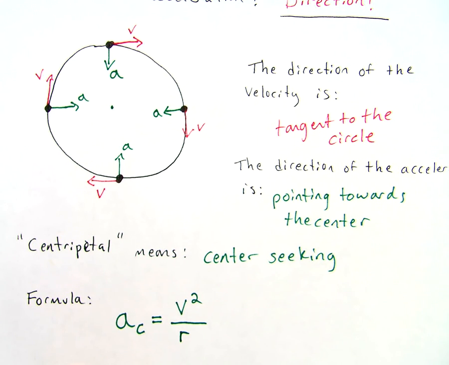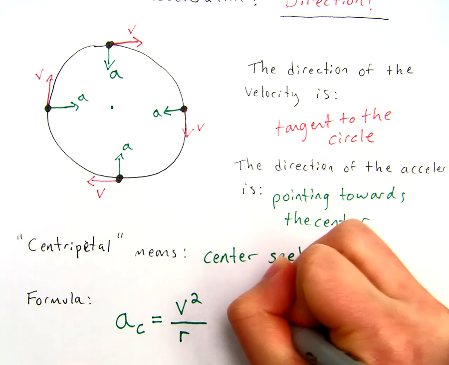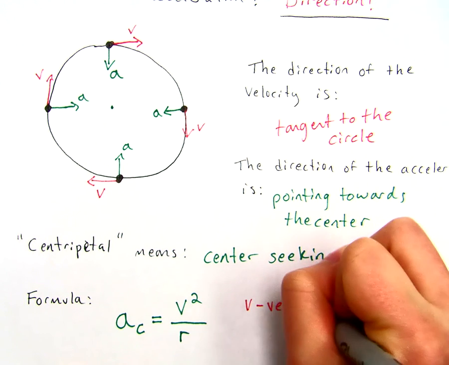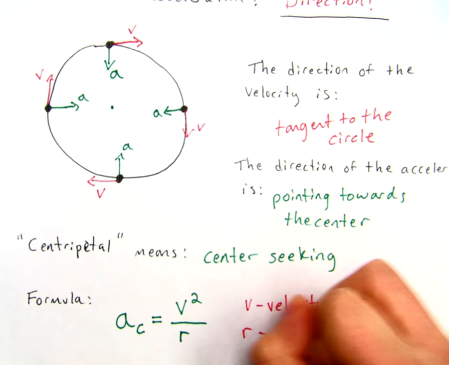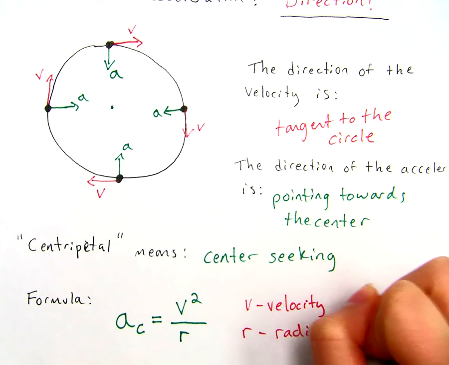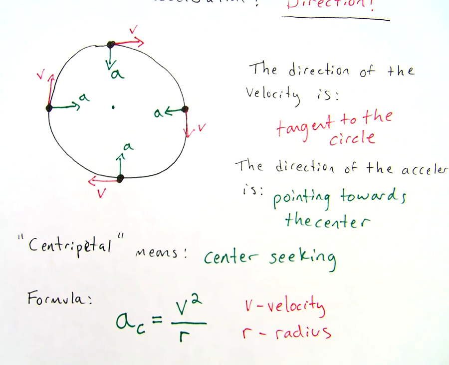If you'd like to see the derivation of this, please come see me outside of class. It's not something too difficult to understand. It just takes a little bit of time. So v is still velocity, and r is our radius, the radius of your circle. And that is centripetal acceleration.